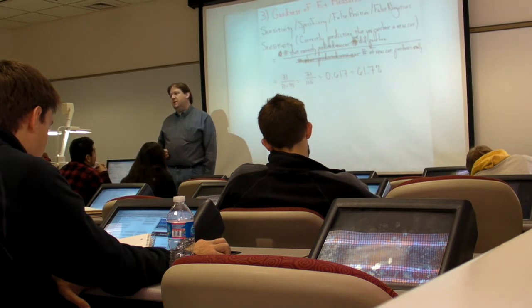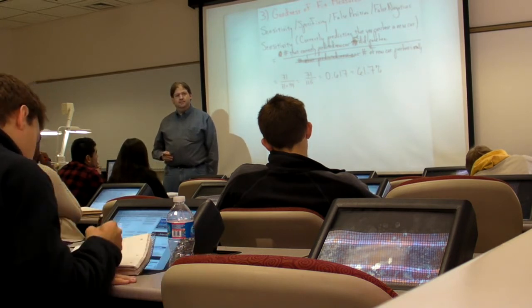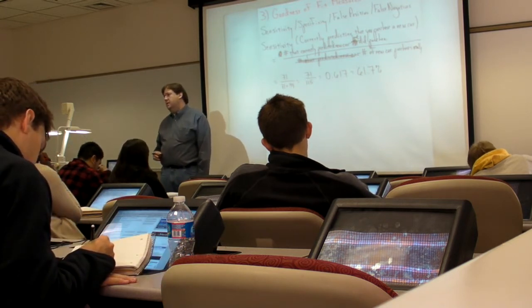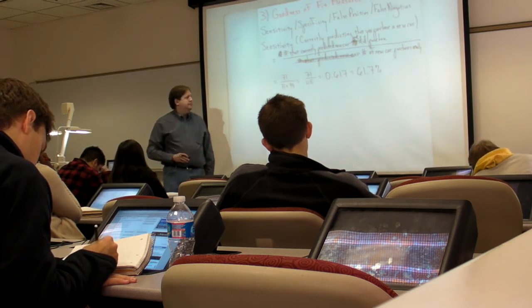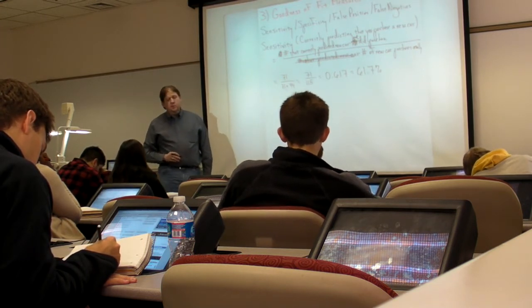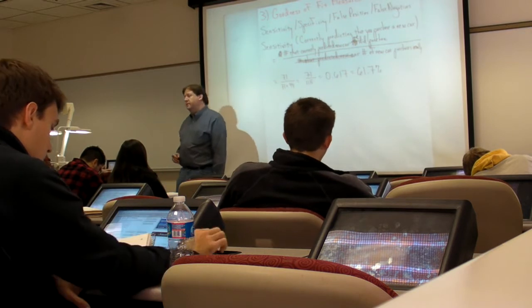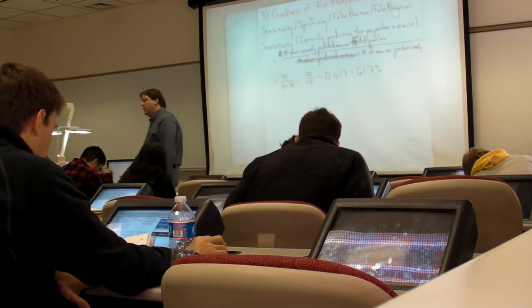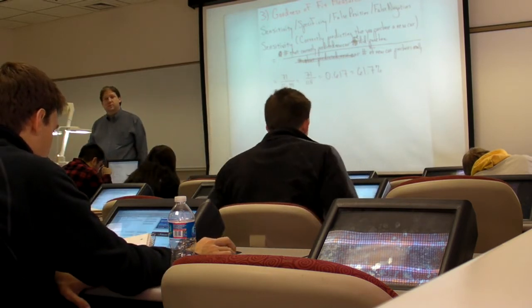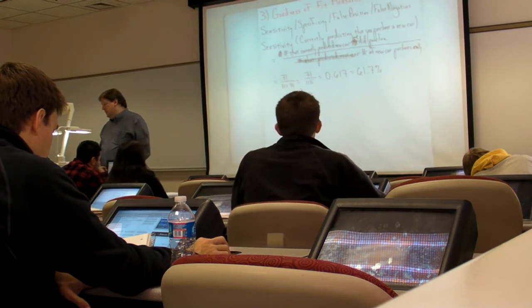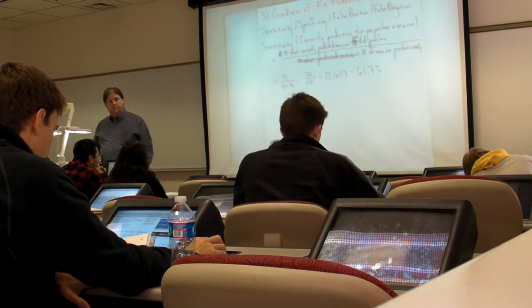Which actually, if you think about it, doesn't sound real good. It's not horrible, but it's not great either. I will only correctly predict, of those people who purchased a new car, 61.7% of them. So that sounds like I'm not doing very well.